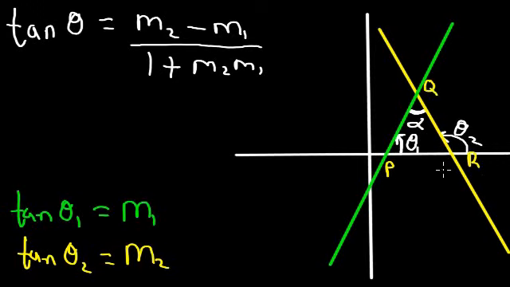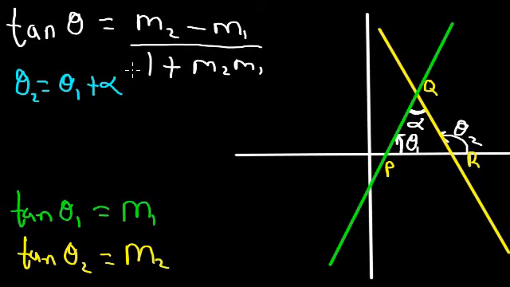According to the properties of an exterior angle, it has to be equal to the sum of the two opposite interior angles, which implies that theta 2 must be equal to theta 1 plus alpha.